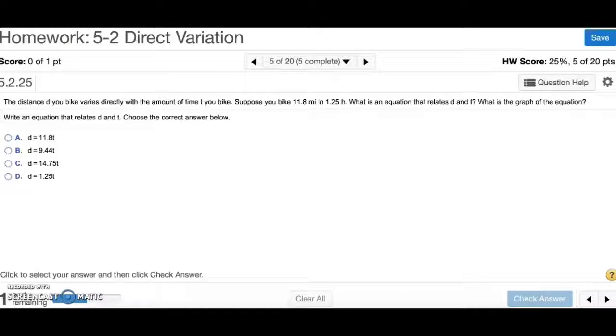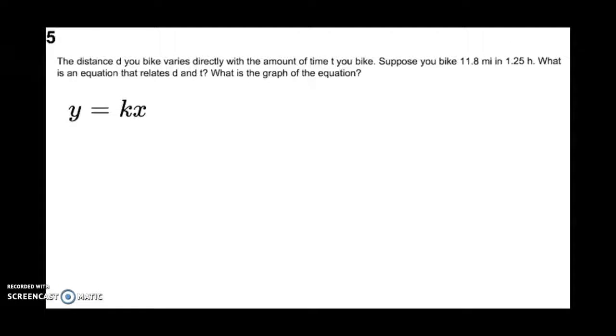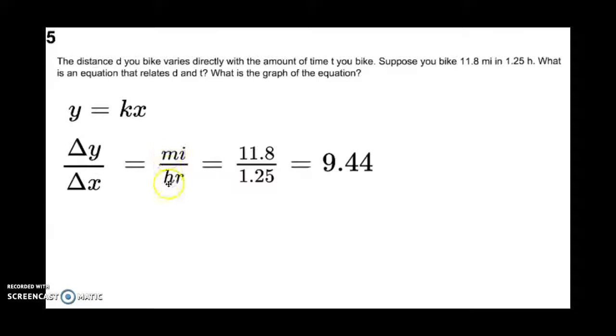Number 5, the distance d you bike varies directly with the amount of time t you bike. Suppose you bike 11.8 miles in 1.25 hours. What is an equation that relates d and t, and what is the graph of the equation? So let's look at it. So direct variation equation is y equals kx. Change of y over change of x. We have miles per hour.